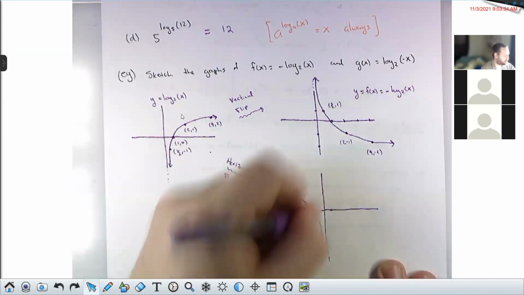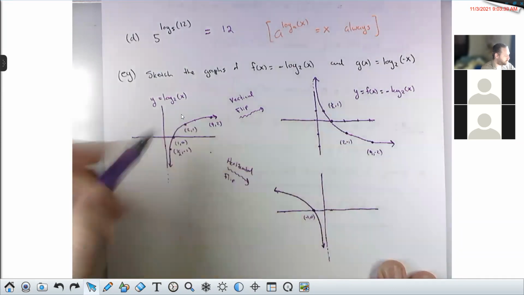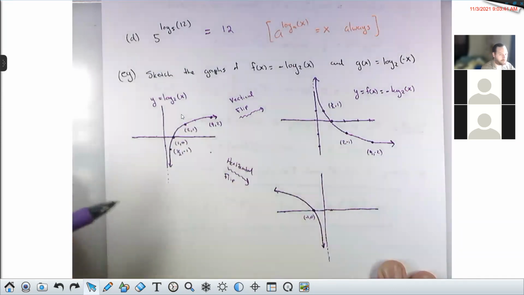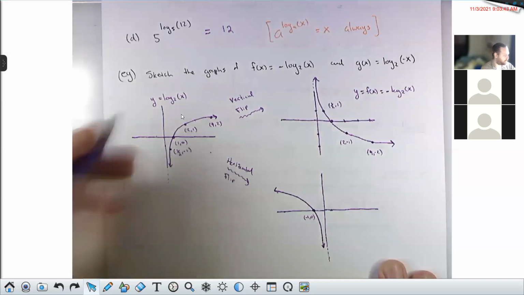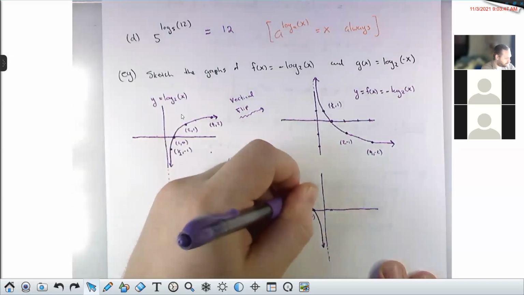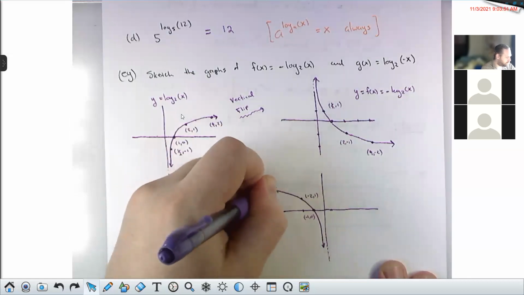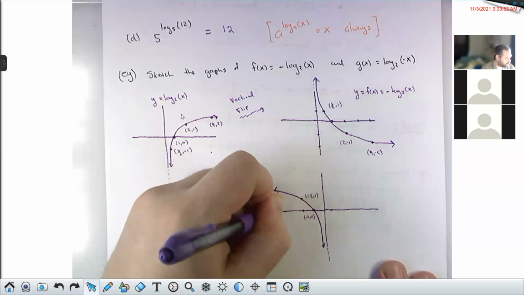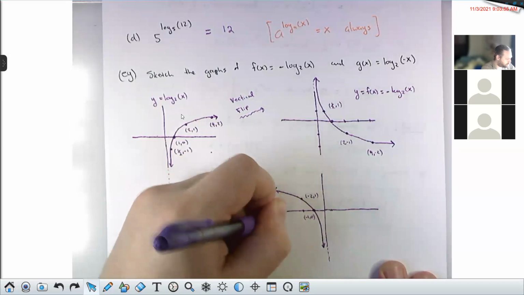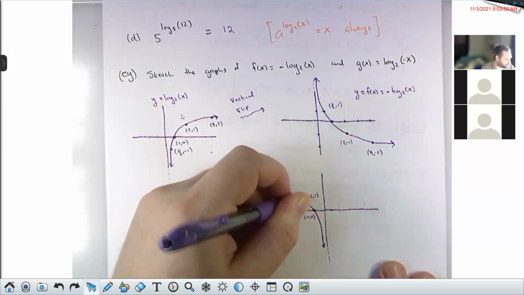Nothing crazy. This point would be -1, 0. That's what I get when I flip 1, 0 over horizontally. This point would be -2, 1. And out here, we would have those big fat points.